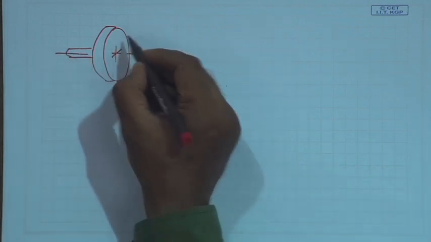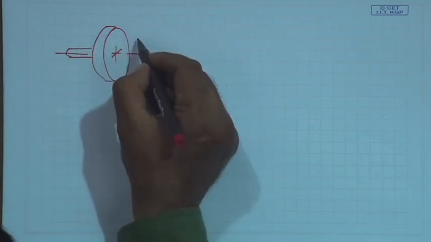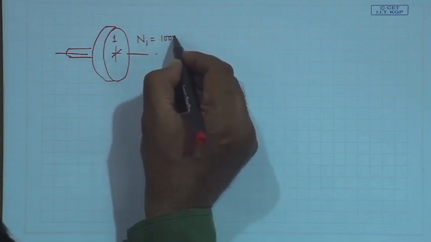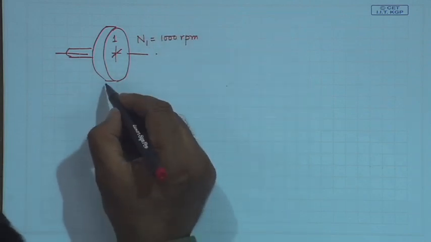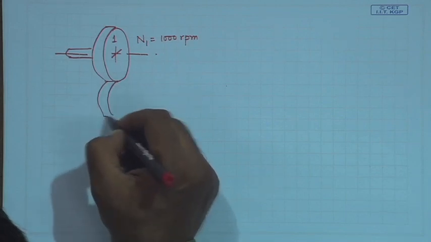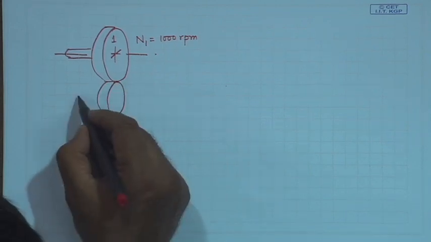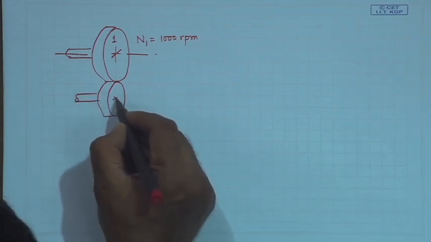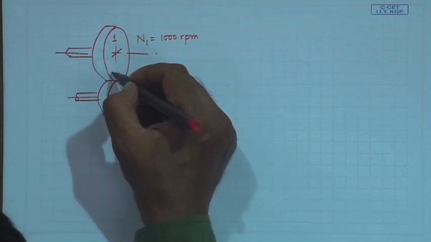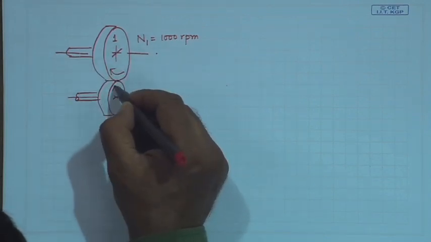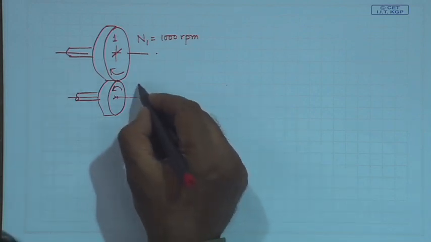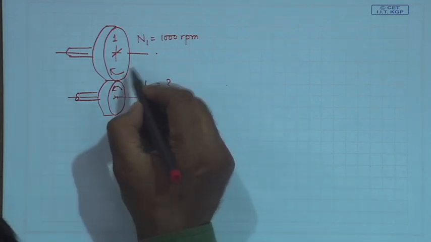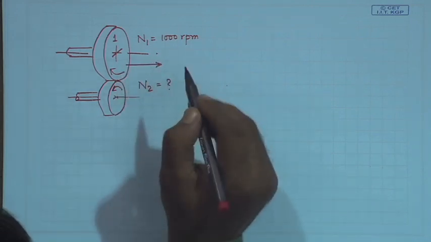This shaft is rotating at N1 equal to 1000 RPM, and here we have another gear which is rotating at N2. I do not know what N2 is.